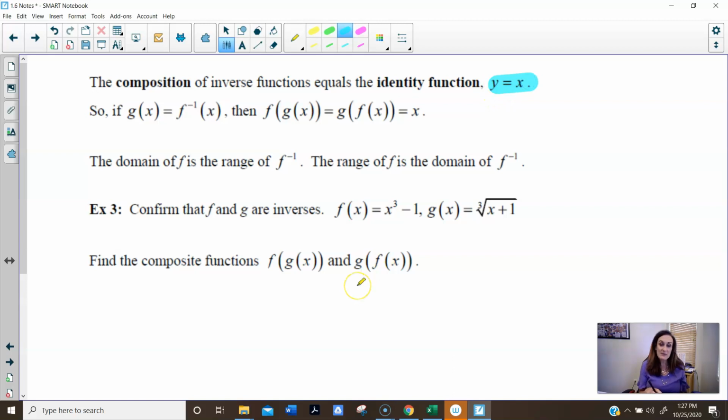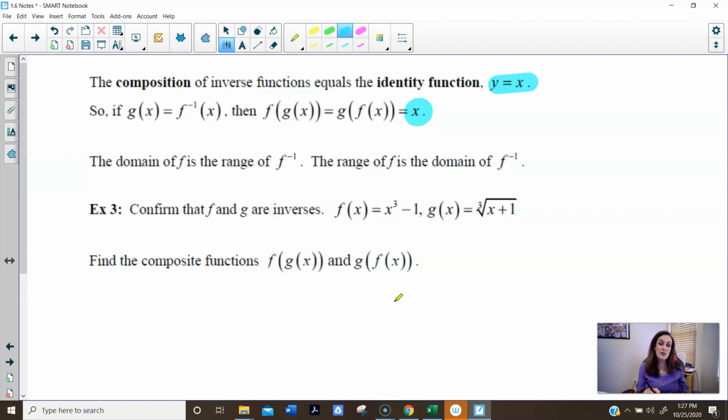So what this means is if g of x is the inverse of f of x, then we have f of g of x, which is the composition function, and g of f of x is going to equal x. The domain of f is the range of the inverse, and the range of f is the domain of the inverse.